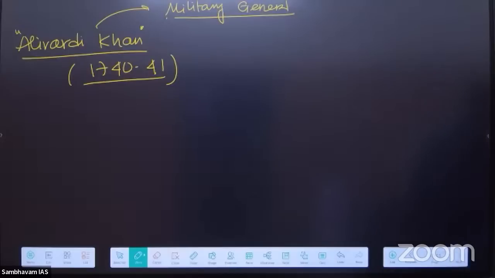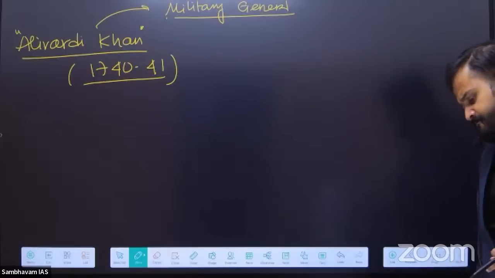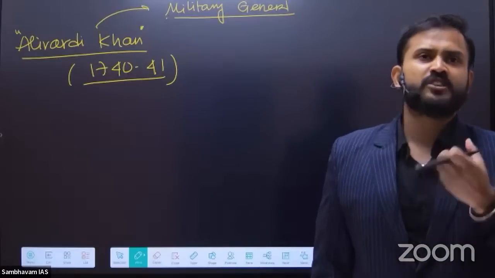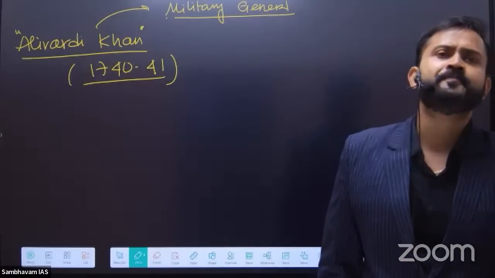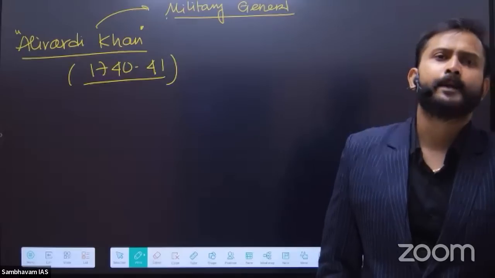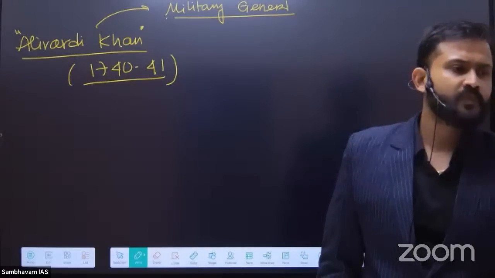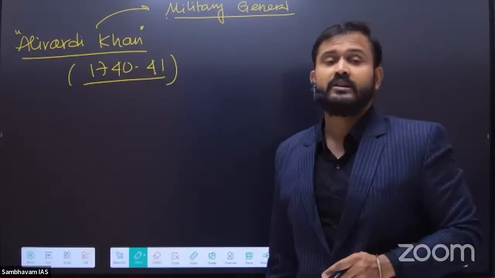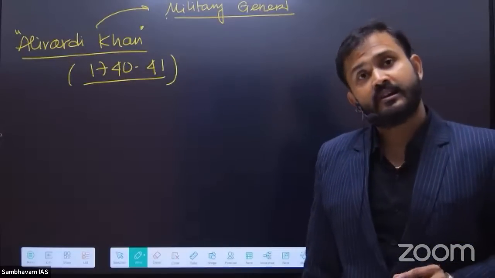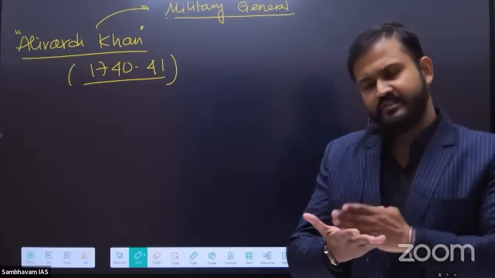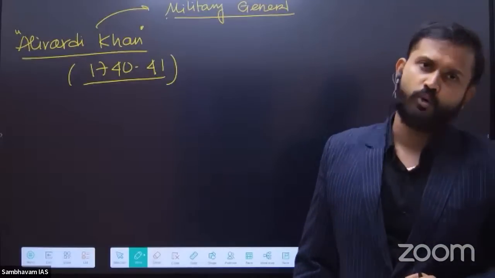He was initially a military general in the Bengal court and he usurped the throne. And from the period of Ali Vardi Khan, you can understand Bengal started acting as an independent state. That means gradually they will start detaching, severing the ties with the Mughals.